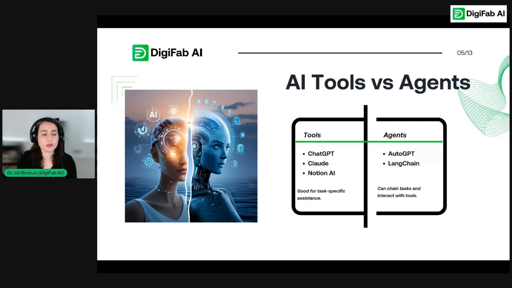But the next level, what we keep hearing is agents, and we are going to decode what this means in this session. So agents are nothing but systems that can plan steps, interact with different APIs, and adapt dynamically in this workflow. So we can think of tools like helpers and agents as collaborators that execute workflows with autonomy.